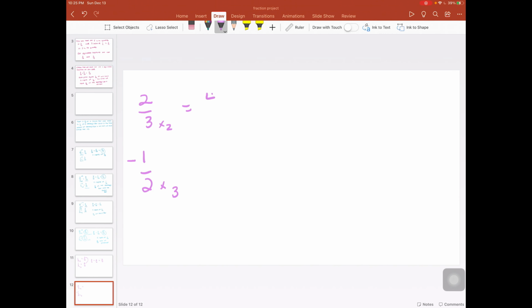This gives us our equivalent fractions of 4/6 and 3/6. So now that we have our common denominator and our equivalent fractions again, we can just go straight to subtracting them. So 4/6 minus 3/6 equals 1/6 in its most simplified form.